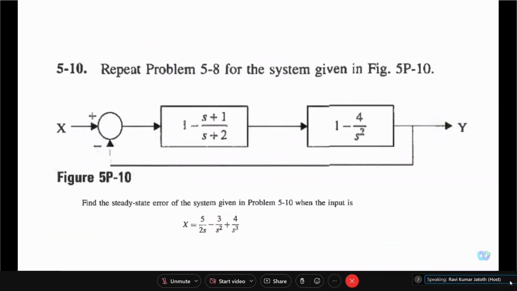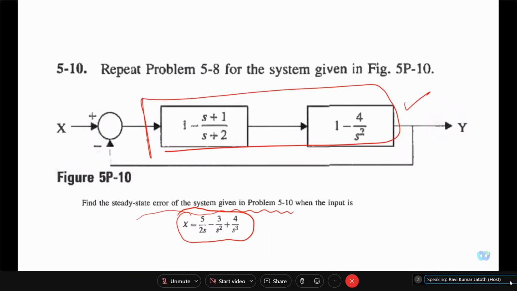Now this is a problem: find the steady state error for the system with input x equal to 5 by 2s minus 3 by s square plus 4 by s cube. You take this as g of s, the open loop transfer function.